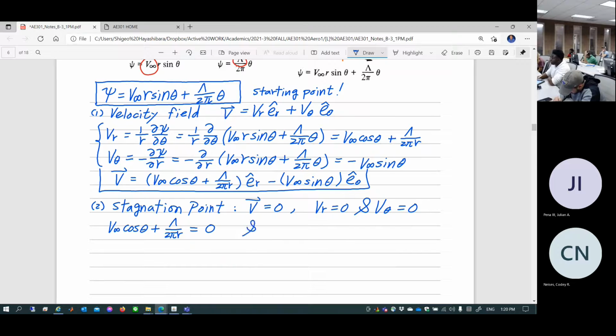And V theta is negative V infinity sine theta, also equal to 0. So those are two equations, two unknowns, r and theta. You're going to simultaneously solve these equations to determine the coordinates r and theta, which is essentially the stagnation point. Okay, so solving these.